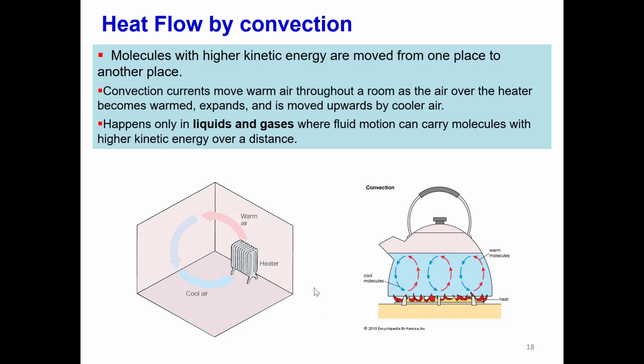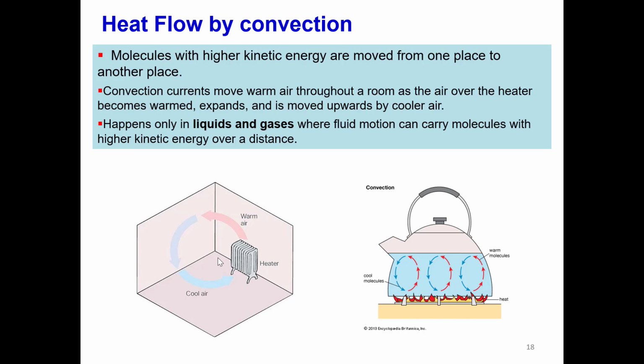In this example, if we have cool air in a room, when the cool air passes through the heater, the air becomes warm and expands, and is moved upwards by the cooler air. This process repeats again and again until the temperature we want is reached.